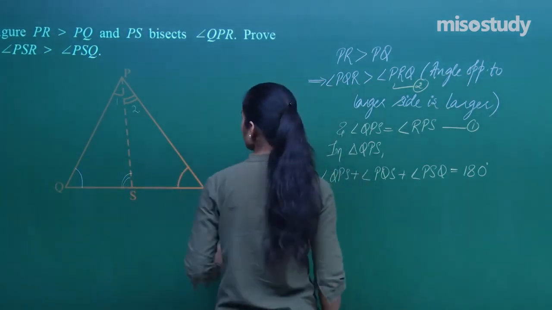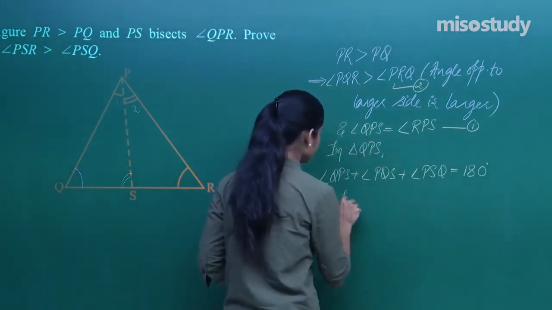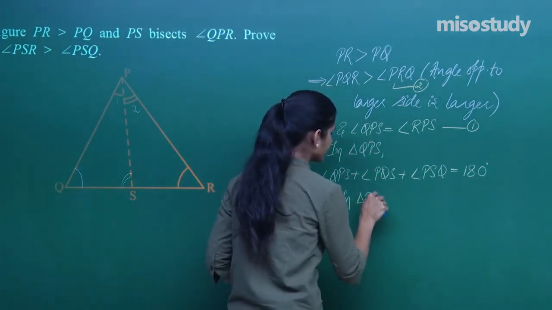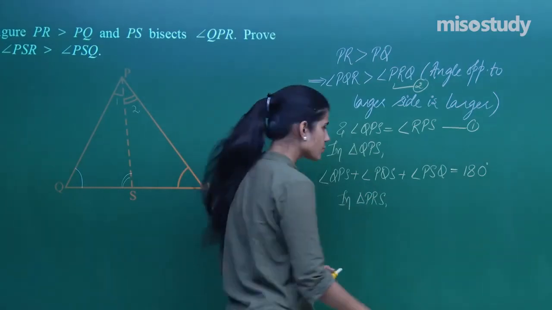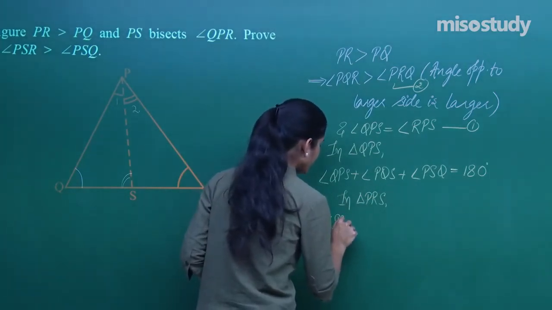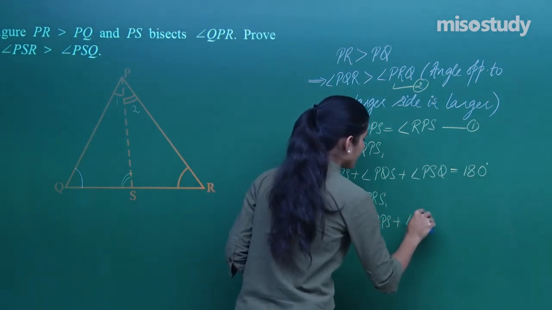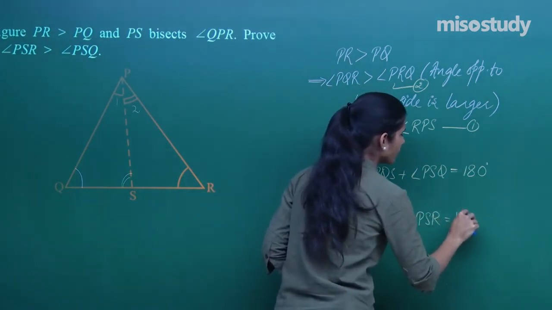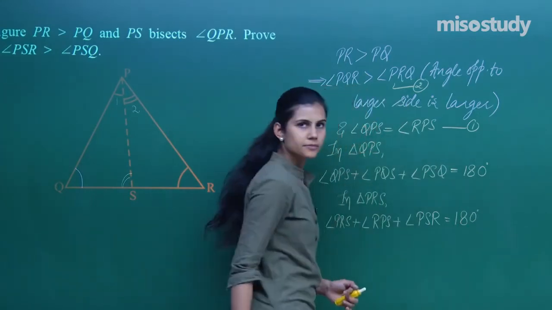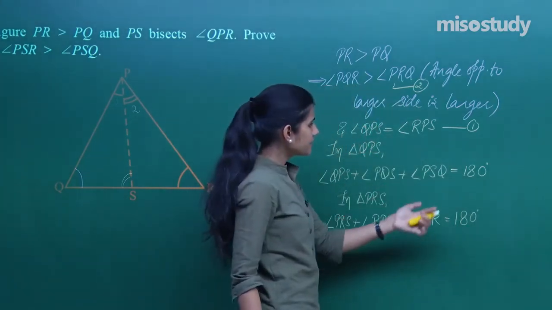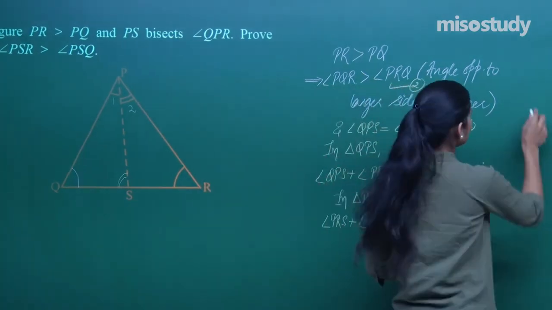In this triangle PRS, again sum of the three angles is 180. So you have angle PRS plus angle RPS plus angle PSR is 180. Both these sums are equal to 180, that means these two sums are equal to each other.